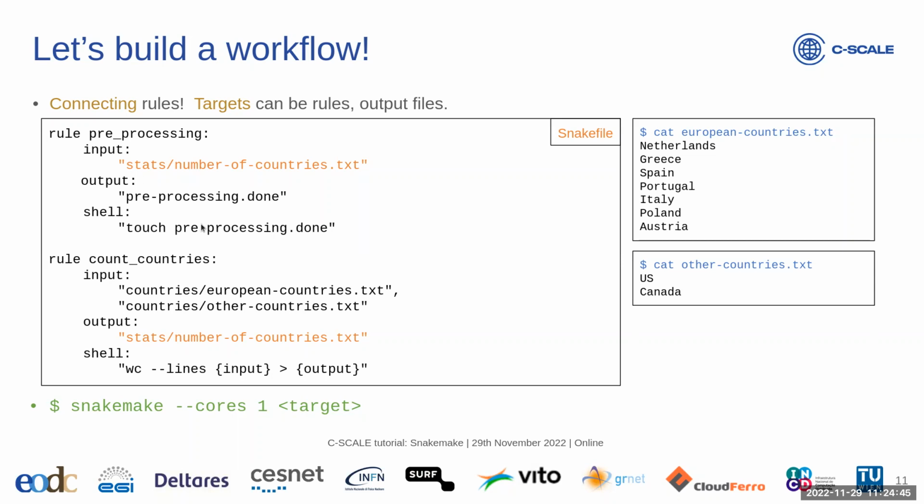For several reasons. First, as Bjorn asked before, here you can put arbitrary commands, which is, I think, flexible and good. The other thing is that, see, I do this touch with a preprocessing.done. In this case, the output is generated here directly. But imagine, for example, a command where you generate a lot of output files.